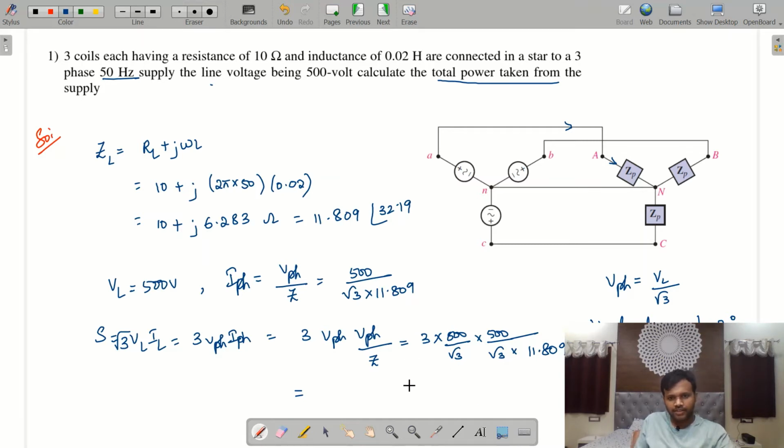You will get 21,170 VA, or else I can write it as 21.17 kVA.